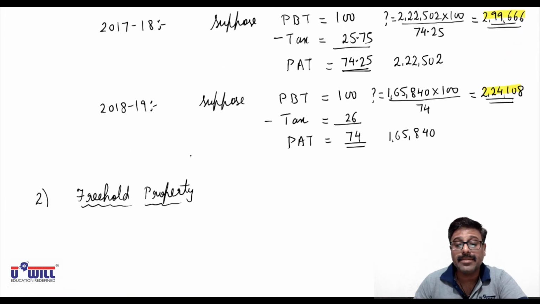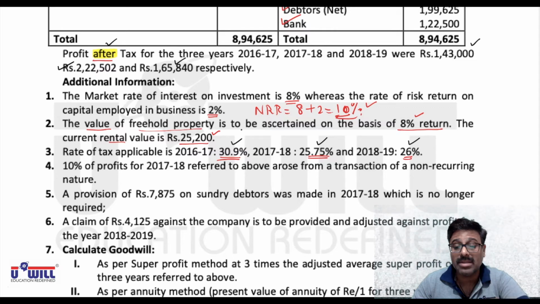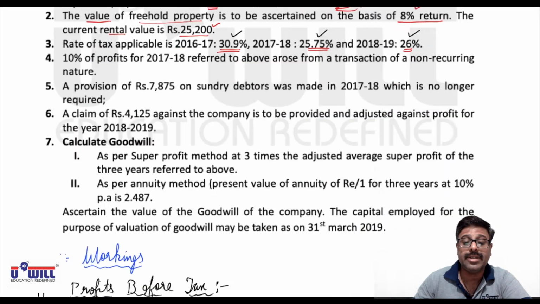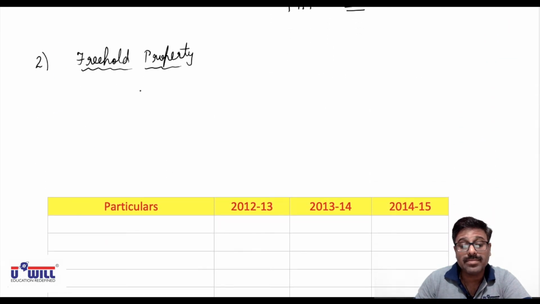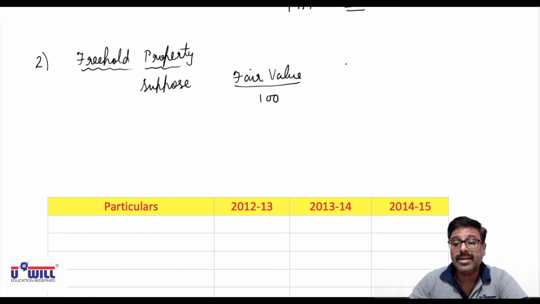It is given that we have to ascertain the value on the basis of 8% return. Suppose the fair value of freehold property is 100. Now the 8% return here is nothing but the rent. So 8% return on 100 will be 8 rupees only.